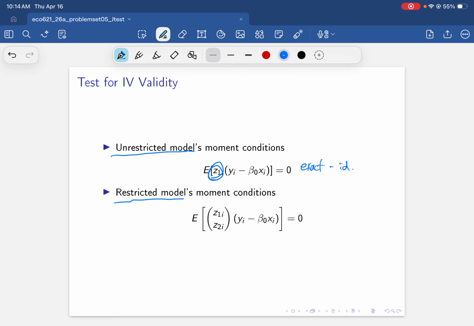But the restricted model utilizes the uncertain hypothesis, that Z2 is assumed to be valid. In this case, you have over-identification because you have two instruments for one endogenous variable. We studied what happens in that case in the previous chapter.